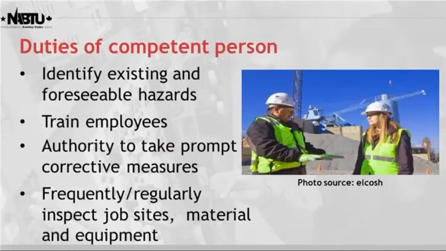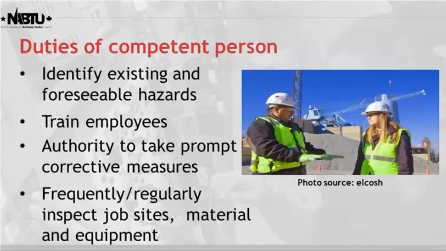Well, if a person is doing an activity like grinding a mortar joint and it's a windy day, a foreseeable hazard would be that the wind will blow that dust, perhaps around the corner or down the length of an elevation or a wall, exposing other workers. So you have to identify existing and foreseeable hazards.